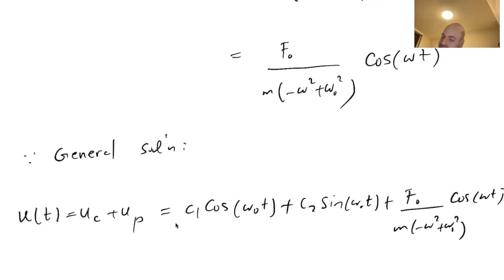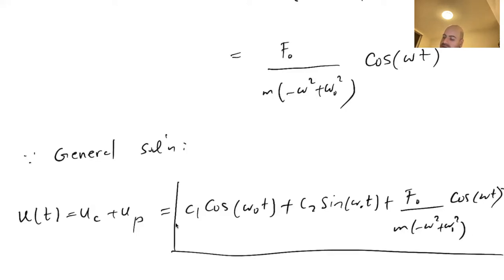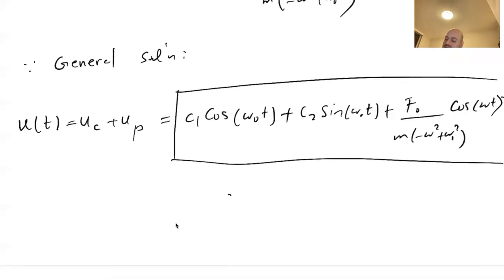So this is our general solution, which involves two constants, C1 and C2. If you want to find C1 and C2, you need the initial conditions. Once two initial conditions are given, then we can find C1 and C2. So here C1 and C2 are constants.